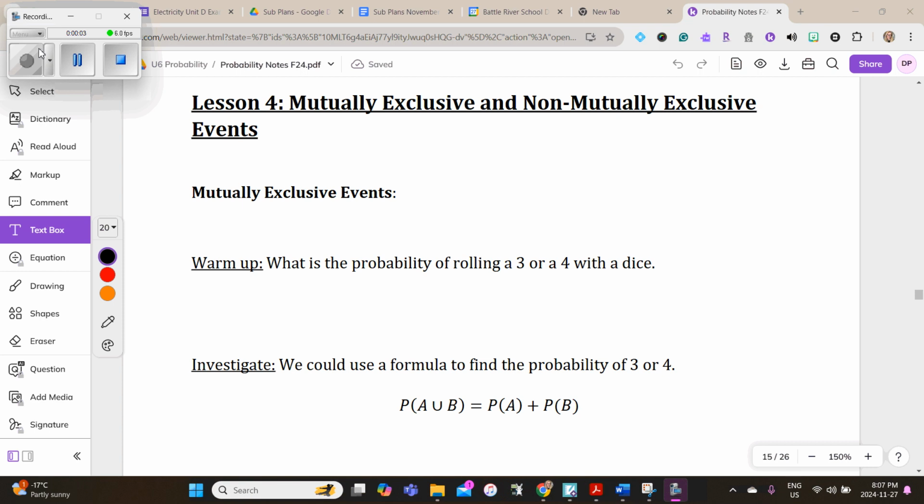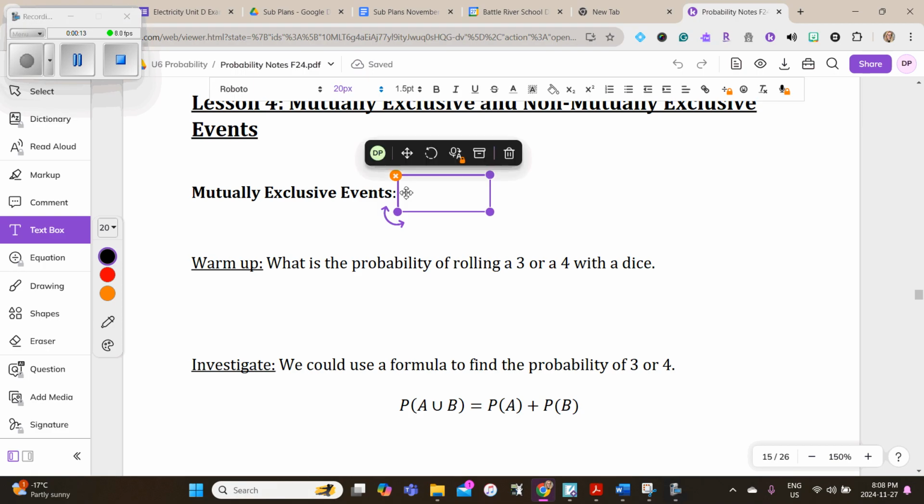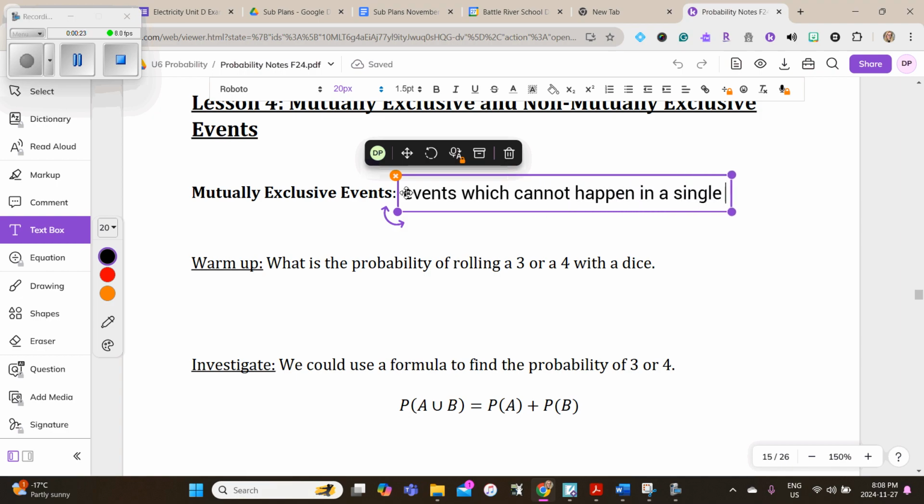Today is lesson 4 on mutually exclusive and non-mutually exclusive events. The definition of mutually exclusive events is events which cannot happen in a single trial.